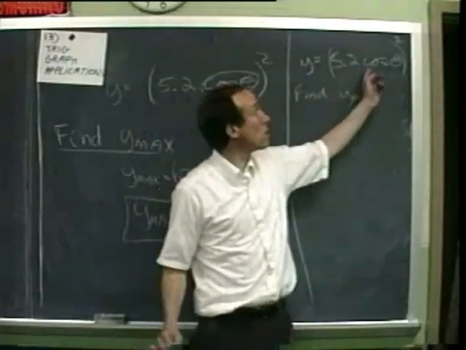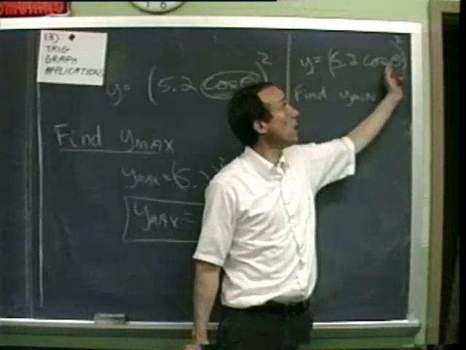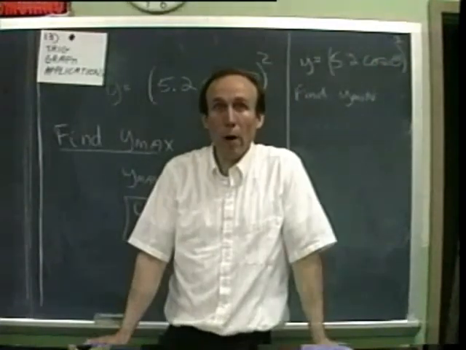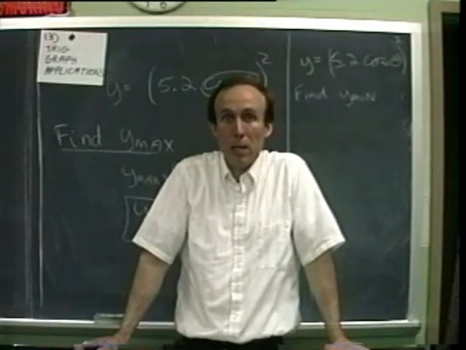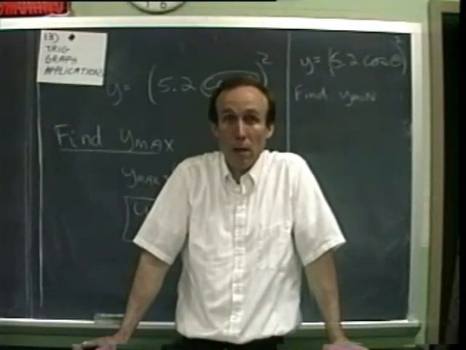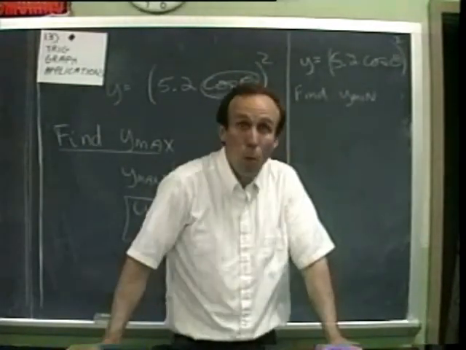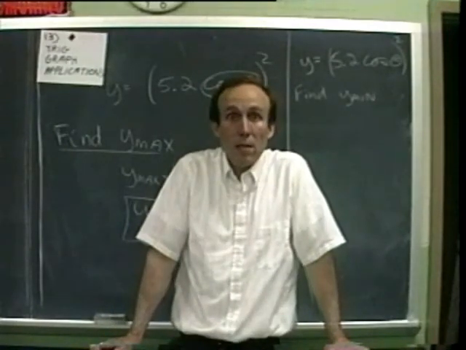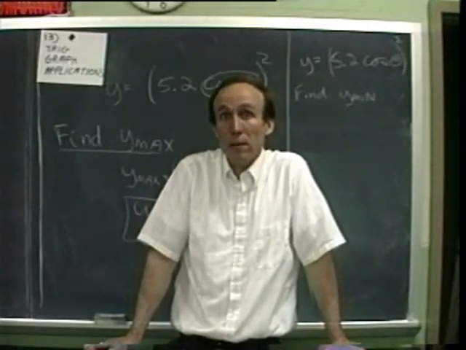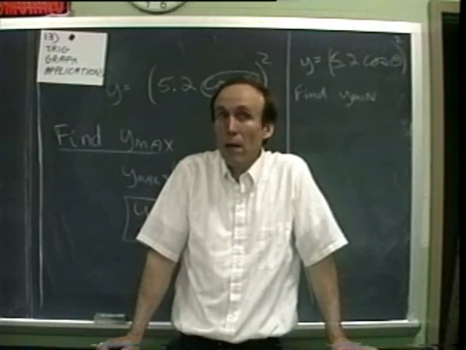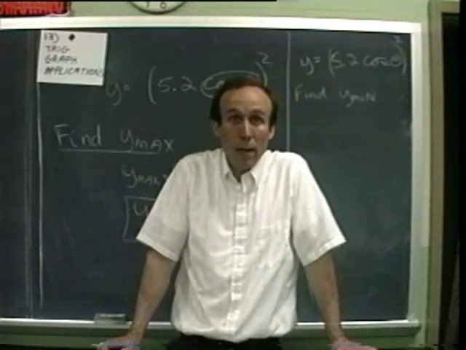But again, because this gets squared, any negative value gets squared, and y, by definition, y equal to 5.2 times cosine of theta all squared, is always positive. So the smallest it can ever get is when cosine of theta takes on its smallest absolute value, and the smallest absolute value that it can take on is 0.